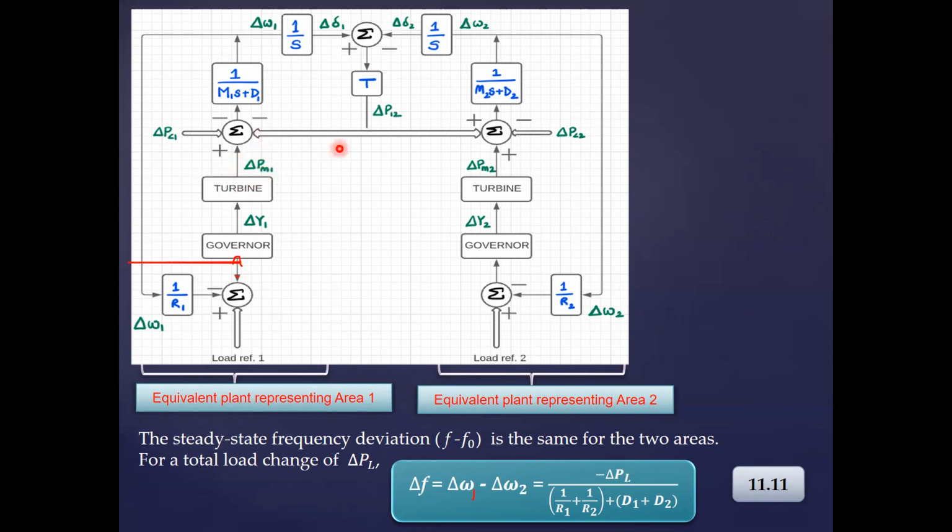Since the system is interconnected, we should also consider what should be the change in the turbine power in area 2 as well. The change is found using the droop. It is not just the turbine power in area 1, but since the system is interconnected, we have to see the change in the turbine power in area 2 as well.